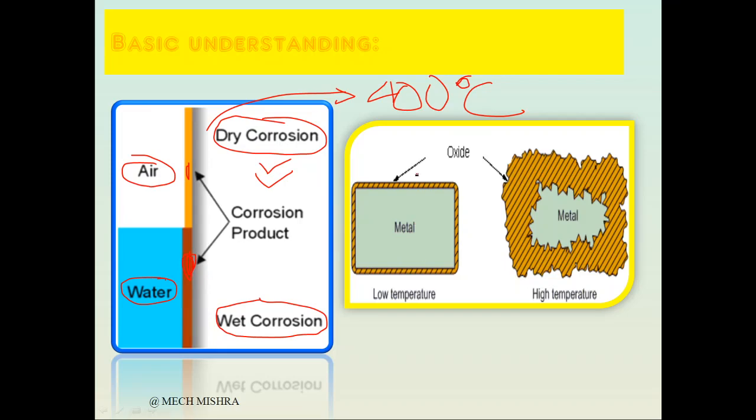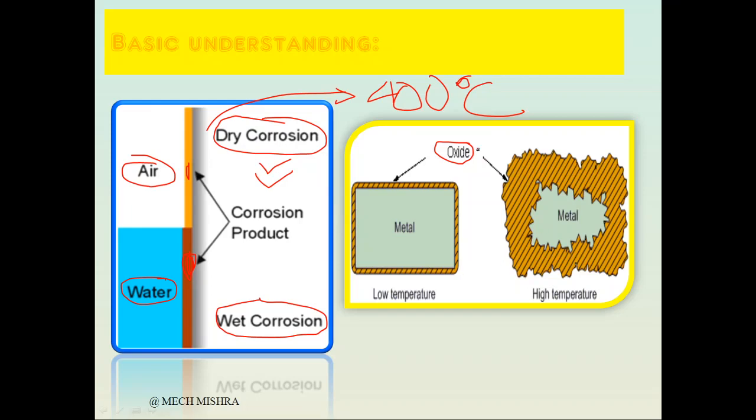So basically, when metal comes in contact with the environment, it forms oxides, but at lower temperature it forms protective oxides like Fe2O3 and Fe3O4, that are protective iron oxides the metal forms at lower temperature.